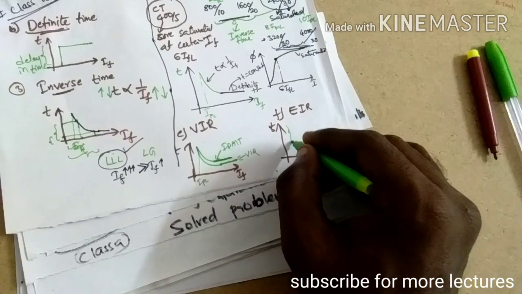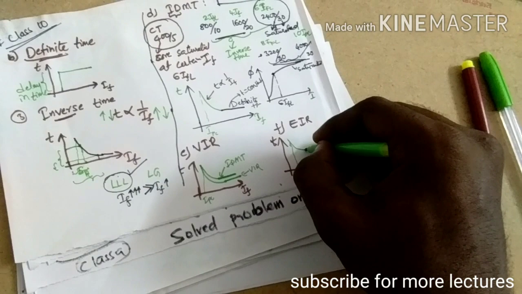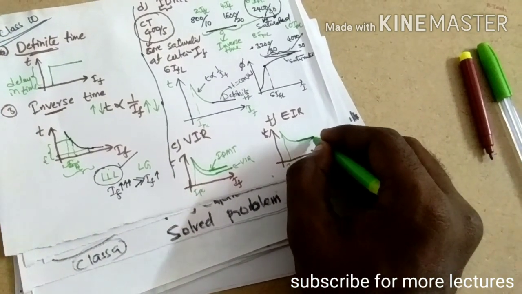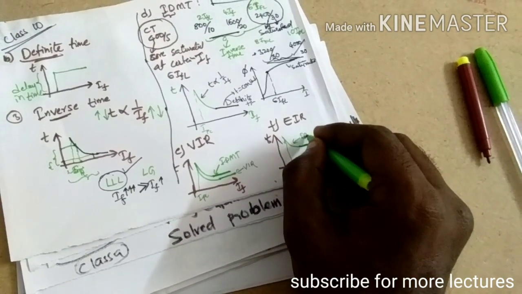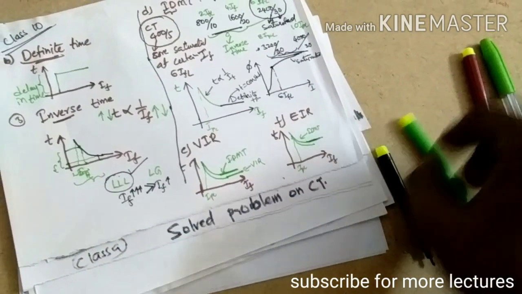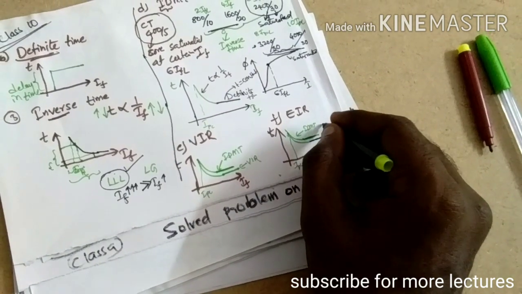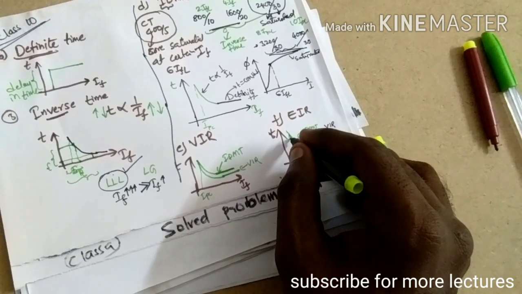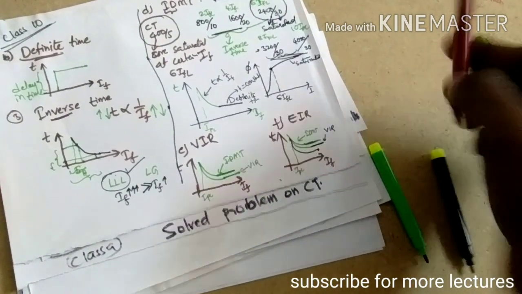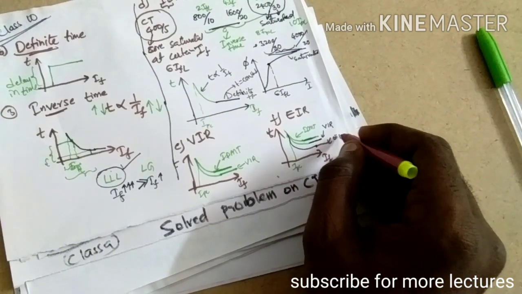So this is the pickup current, this is the IDMT, above which it saturates is the very inverse relay, and beyond which it saturates is the extreme inverse time relay.